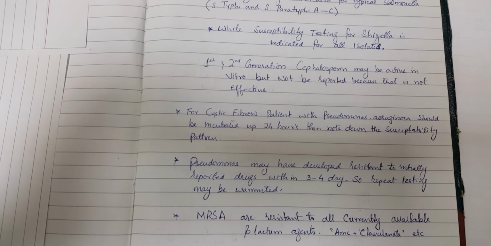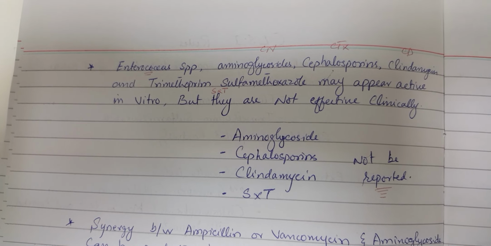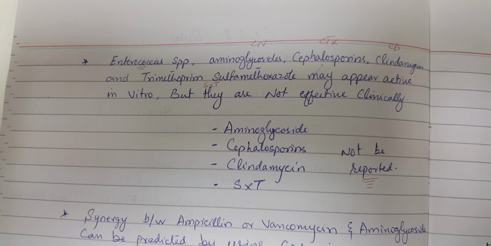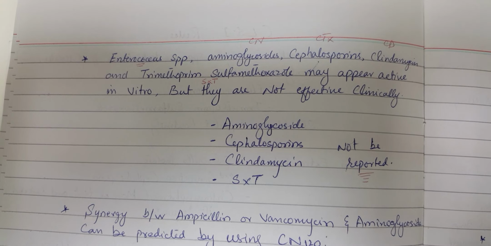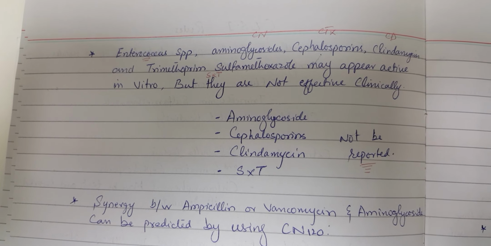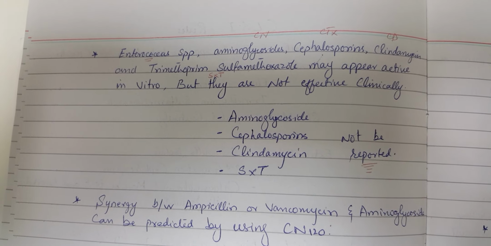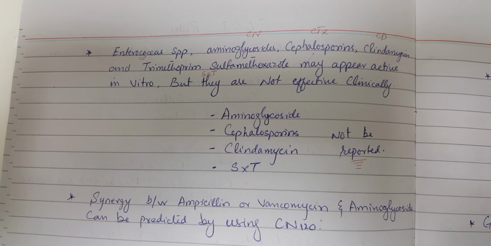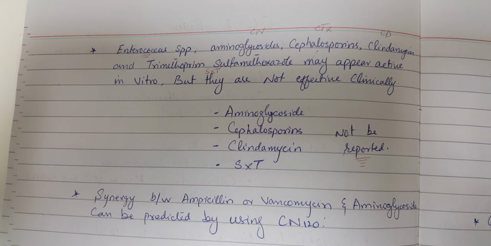For Enterococcus species, aminoglycosides, cephalosporins, clindamycin, and Septra may appear active in vitro, but they are not effective clinically. So we do not need to report aminoglycoside, gentamicin, cephalosporin, clindamycin, and trimethoprim-sulfamethoxazole.